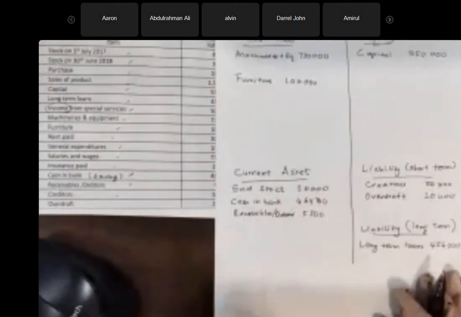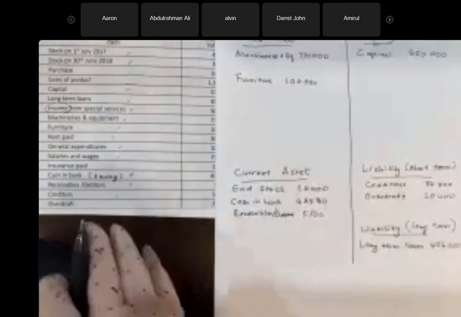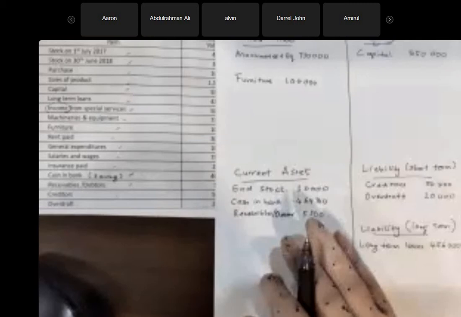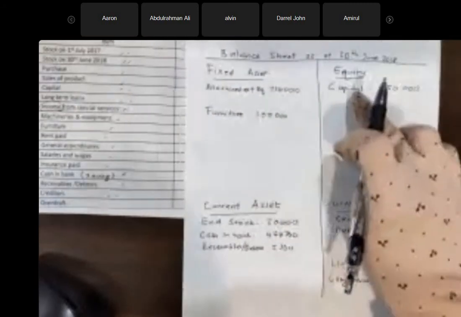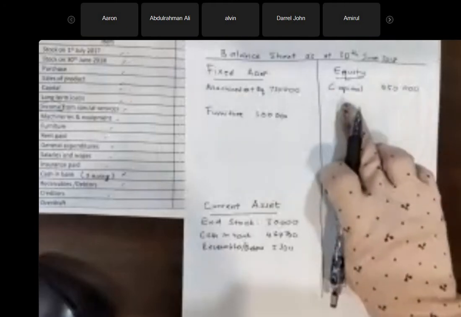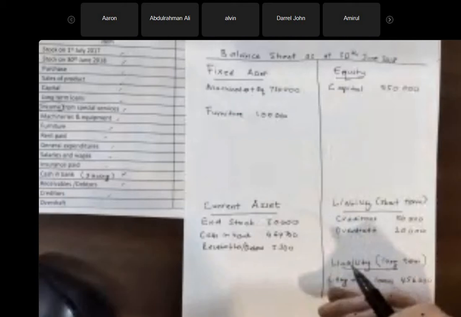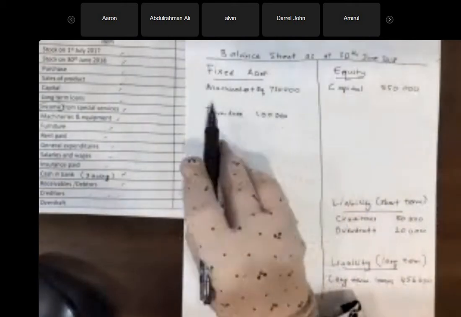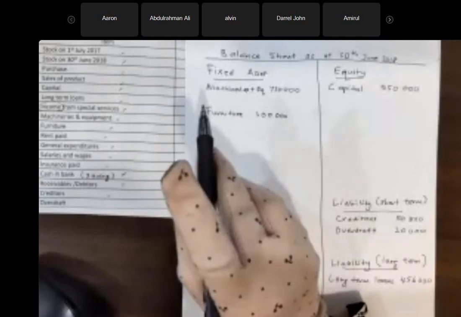Okay, now you have done half of the task for the account. You have done your balance sheet, only to put the net profit here. Profit here. And then you have to balance. And also you have to put something here for the depreciation.